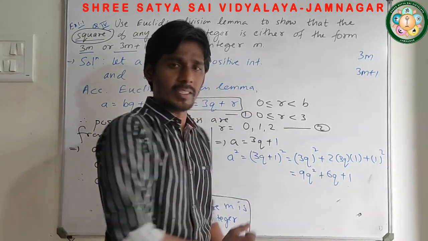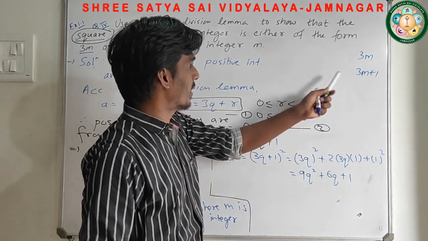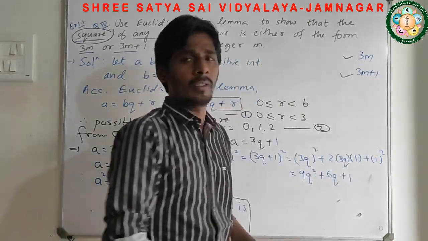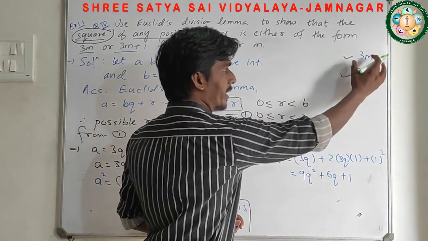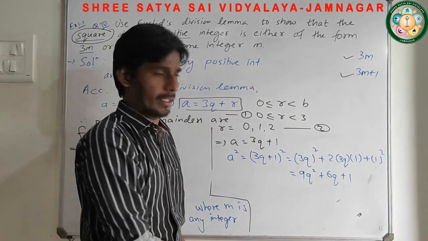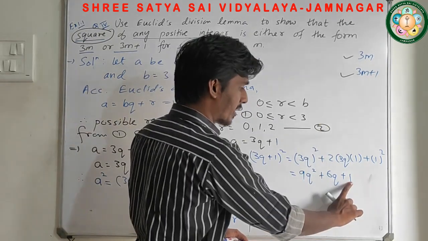Now once you got up to this equation, you think how to convert this equation in the form of either 3m or 3m plus 1. So converting to this form, I will take common in the first two terms only, because 1 is already here, so I am not going to touch this one.